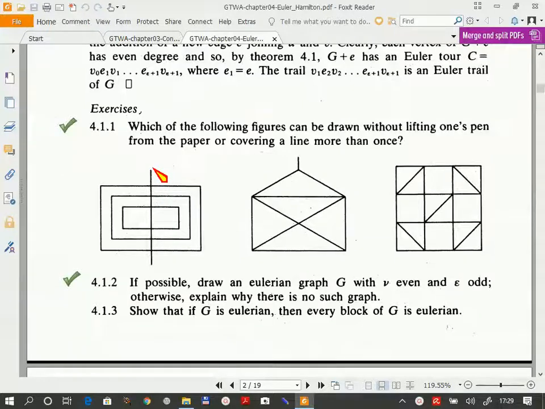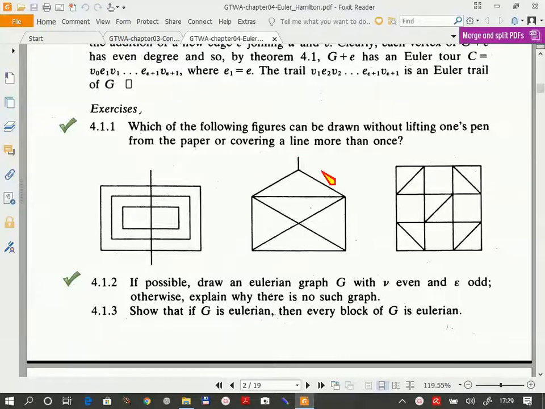So the theorem tells us that there is no Euler tour, but there is an Euler trail starting, say, from this and ending here, or conversely starting here and ending there. Here it's not possible because of this vertex of degree 3, that other of degree 3, and degree 1. And so it's not possible to have even an Euler trail.